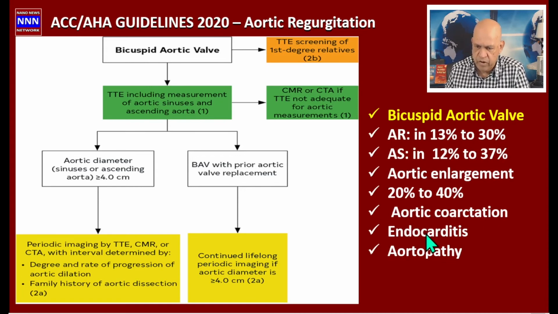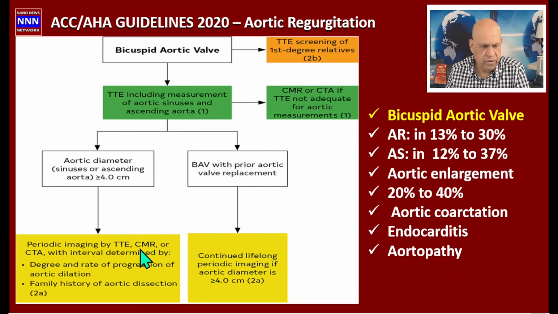It's prone to endocarditis, and usually it is associated with some type of aortopathy: aortic dilatation, aortic aneurysm, coarctation, and many other things. If that's the case, we need to do not only echocardiography, we also need to evaluate their aorta thoroughly. And we need to look at the aortic dimension. If the aortic dimension exceeds a certain number, which we'll see in the next slide, then we have to make some decision.